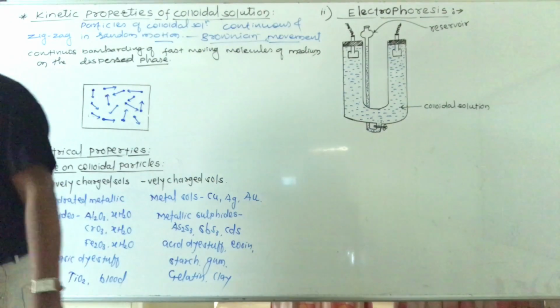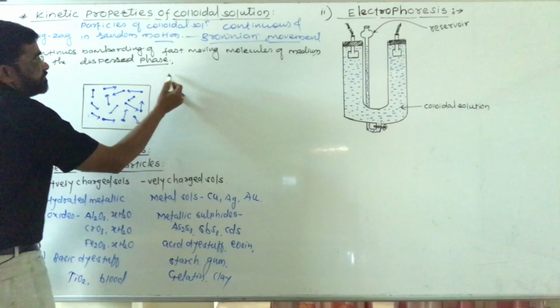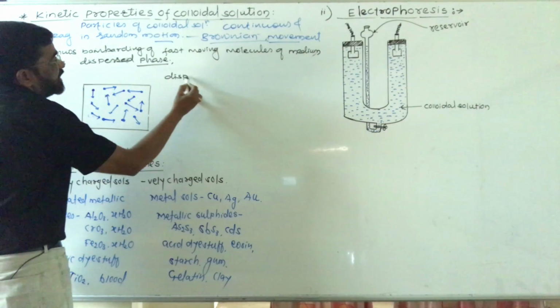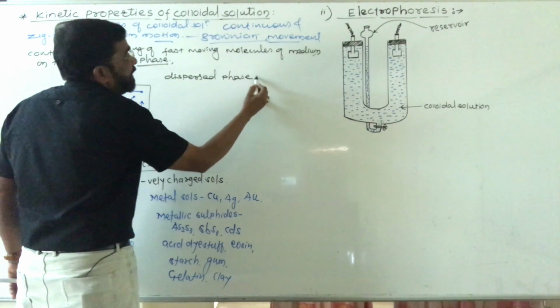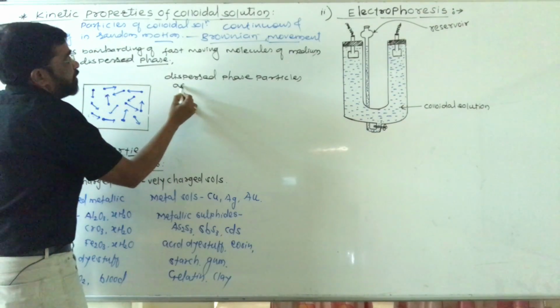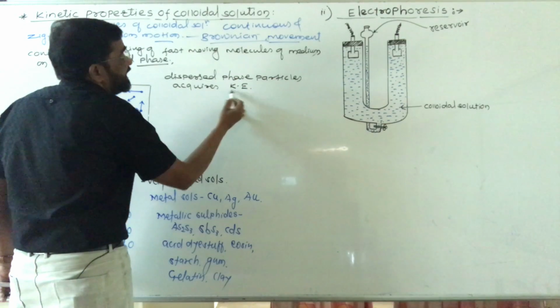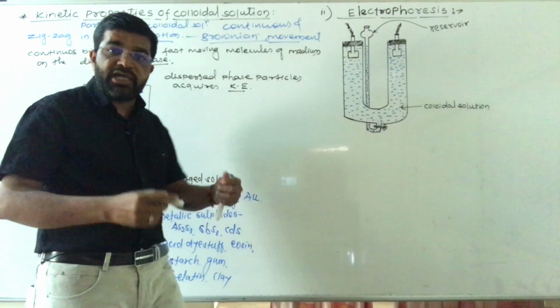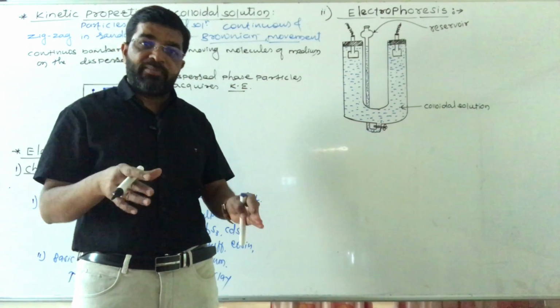The second cause of why the particles are in motion: the dispersed phase particles acquire kinetic energy from it, and therefore they are in continuous zigzag motion in random direction.